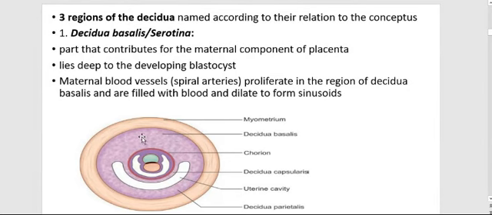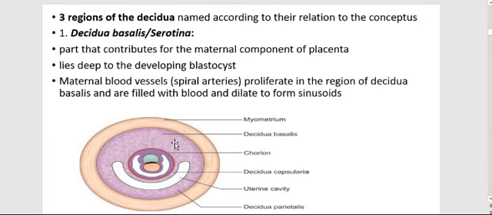This part is going to contribute to the formation of the placenta. This is called the decidua basalis. And in the maternal part, we have a lot of spiral arteries here.